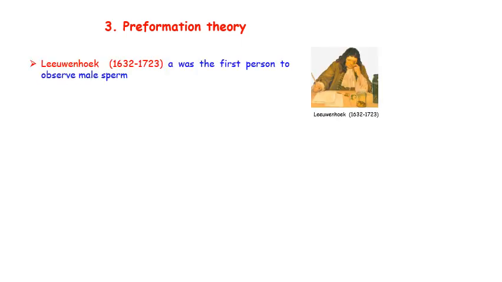After this there is another theory that's known as the pre-formation theory. Before the pre-formation theory was put forward, it was Leeuwenhoek who for the first time observed male sperm. Leeuwenhoek used single lens microscopes to observe different types of cells, and he was the first person to observe the male sperm.